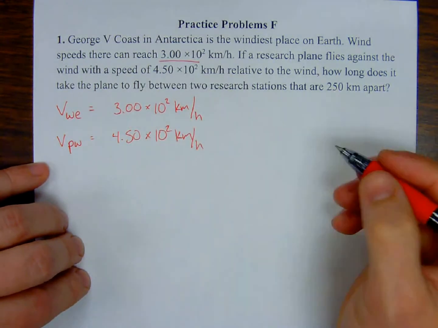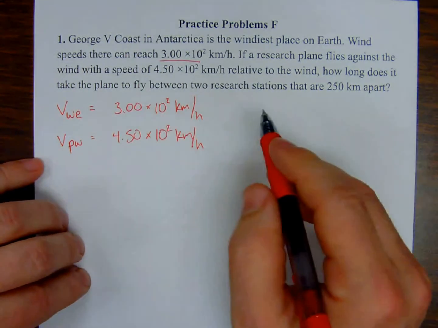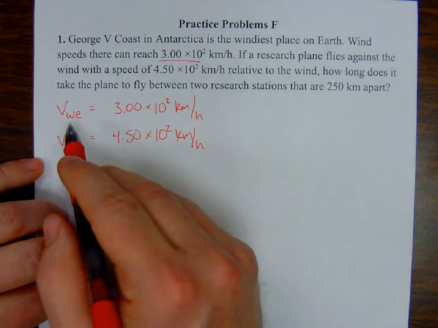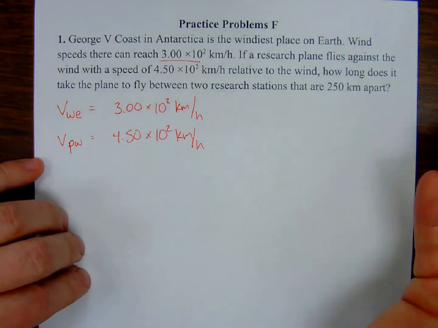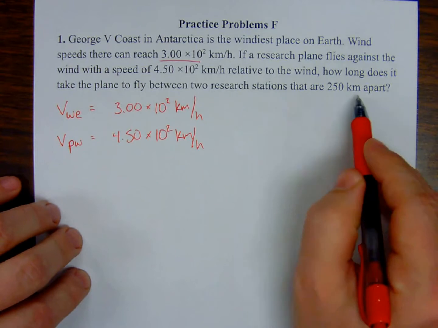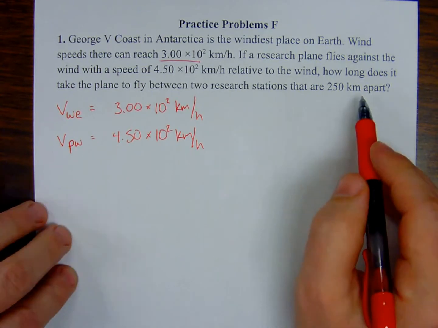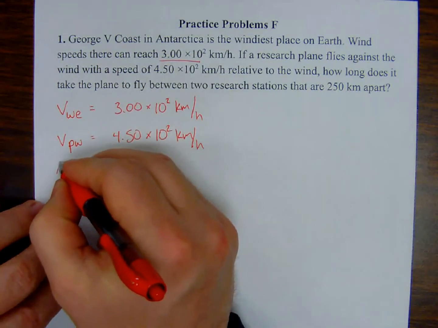And even though these two velocities are working against one another, the plane is supposed to be traveling a complete displacement of 250 kilometers.